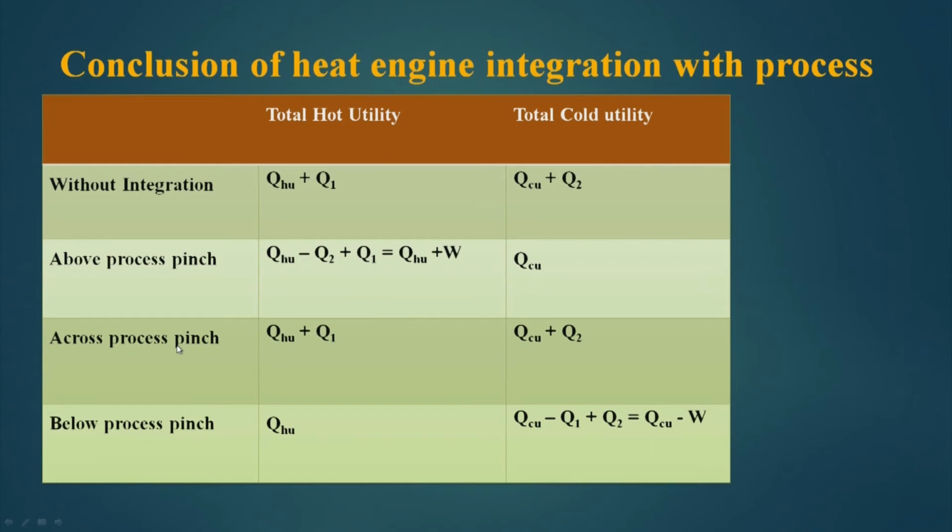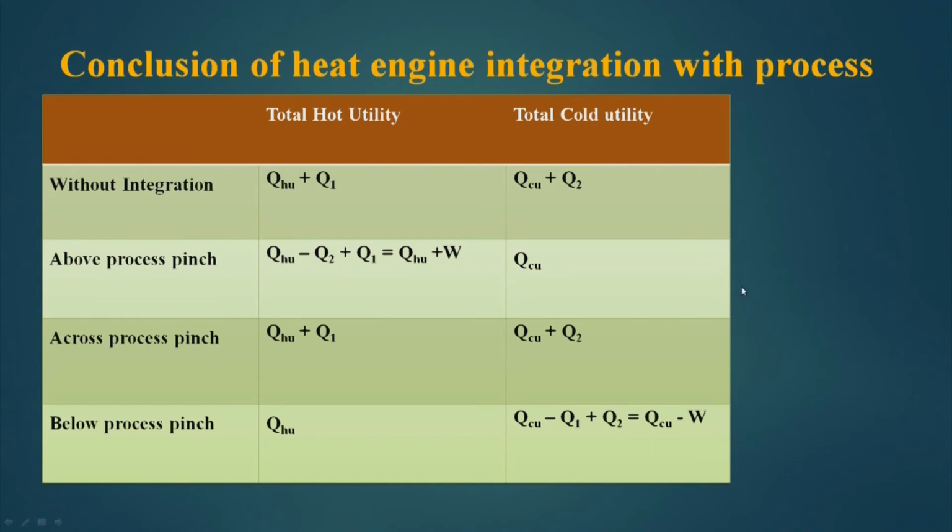When I operate across the pinch, this becomes QHU plus Q1, QCU plus Q2, the same as without integration. And when I am doing it below the pinch, the QHU remains same, but your cold utility becomes QCU minus W.